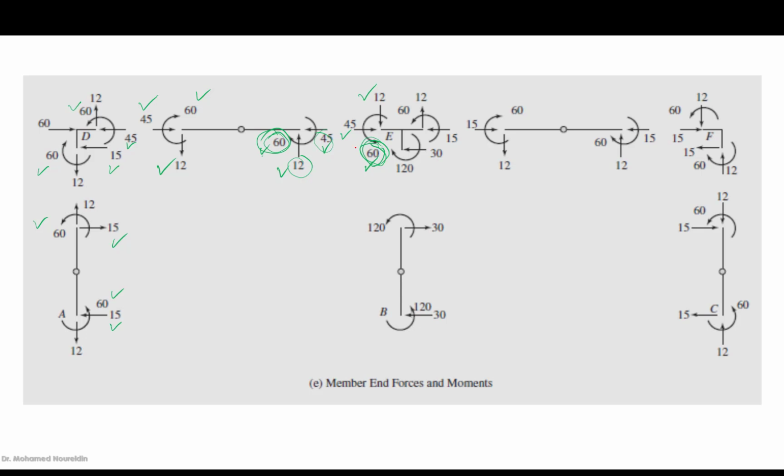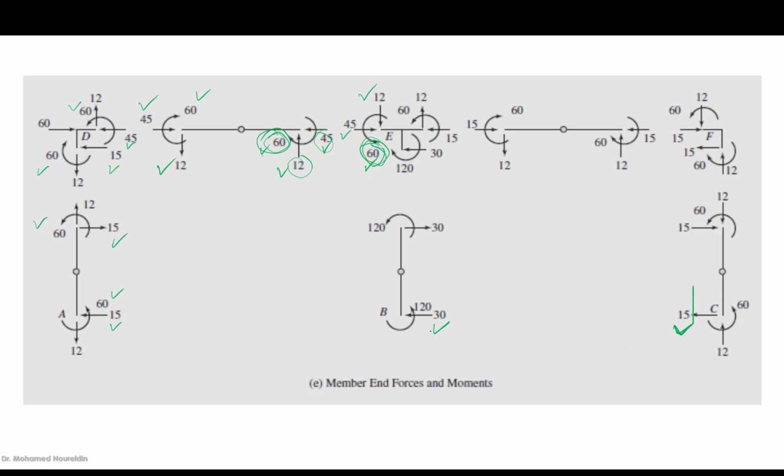Okay. In a similar fashion, as we said before, this is the column. We should put all column shear force in the beginning. And in the first step, I put this to be 30 and 15 from the very first step, right? Okay.